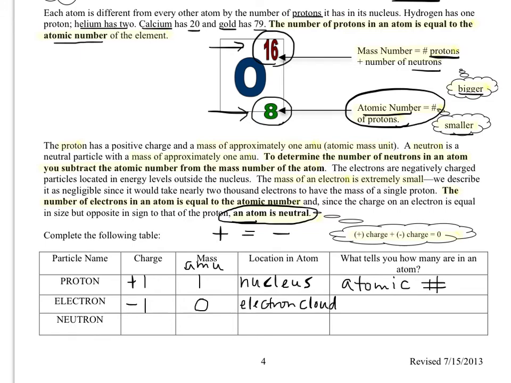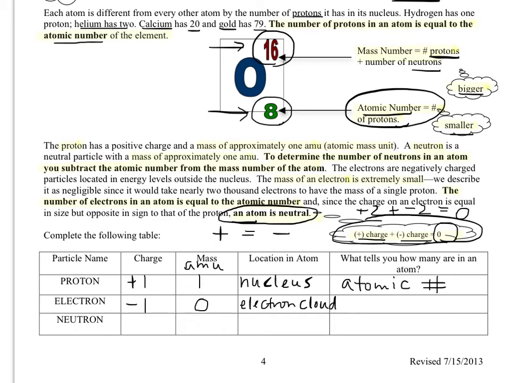In other words, you need to have the same number of protons that are positively charged as electrons that are negatively charged. Because that way, when you add up your positive charges, your protons, and your negative charges, your electrons, they're going to add up to 0, right? For example, in helium, that was the atom we had a picture of up above, you had 2 protons, positively charged, and you had 2 electrons, so 2 negative charges. Well, positive 2 plus negative 2 equals 0.